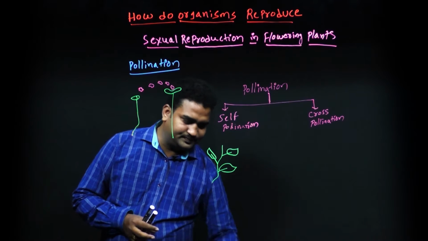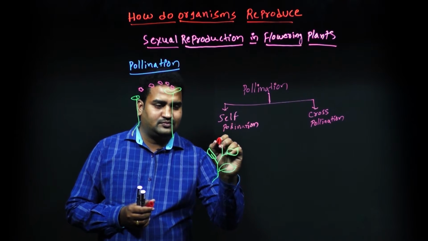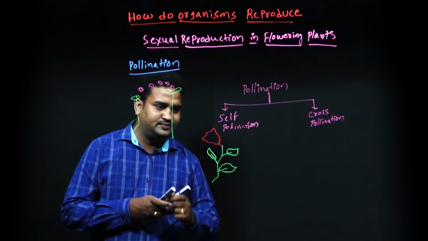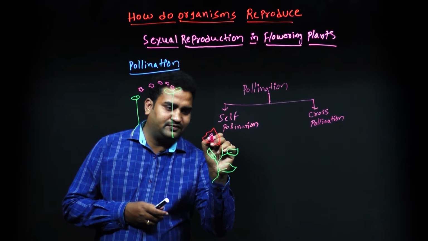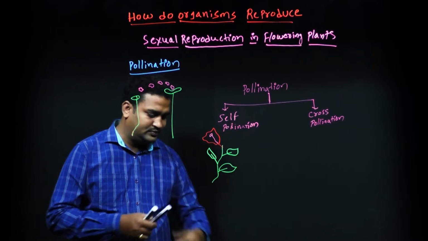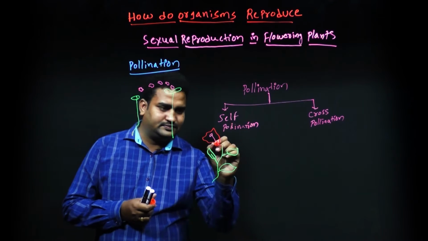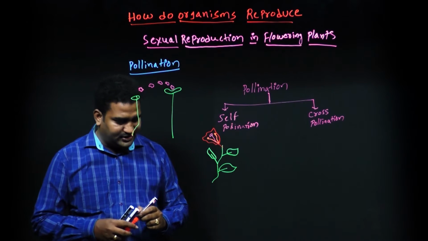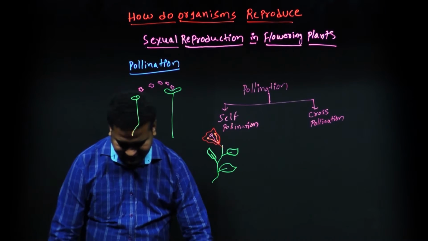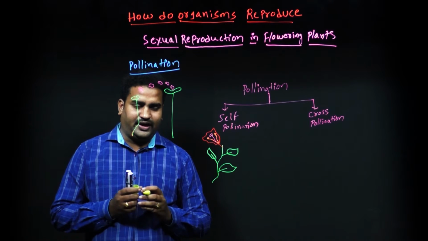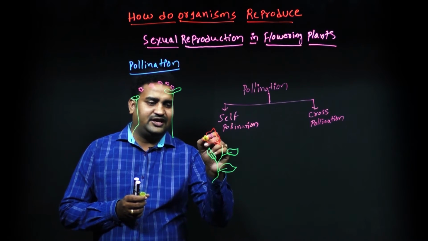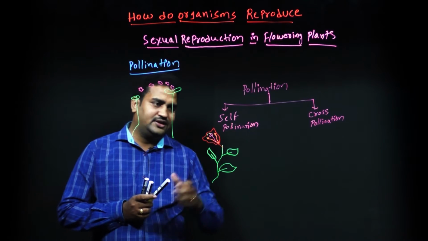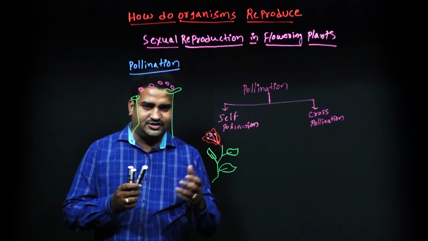So here, this is the flower and this is the stigma of the flower and this is the anther. So if the pollen grains of the same plant fall on the same stigma, this kind of transfer is called self-pollination.